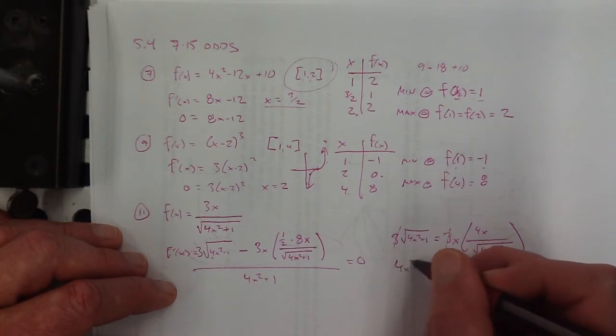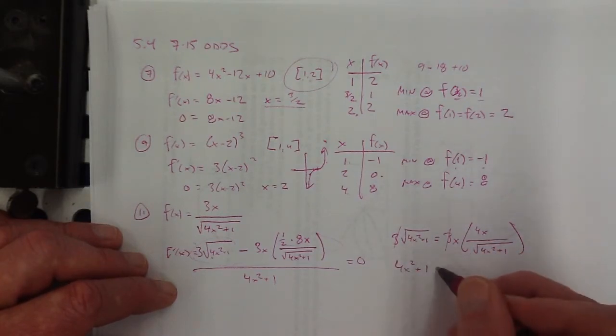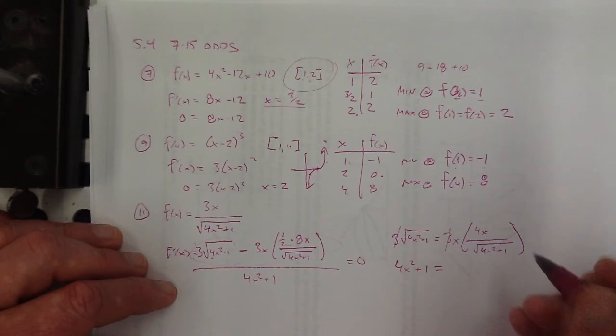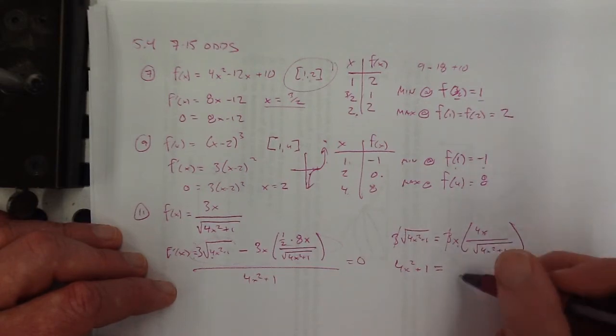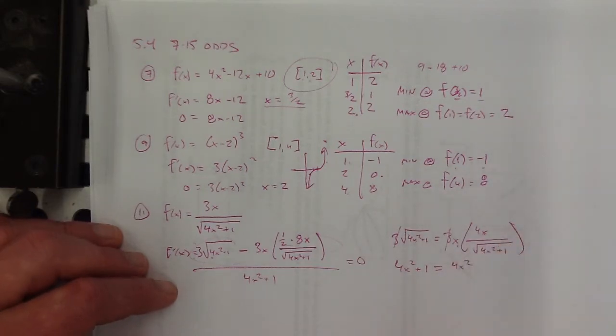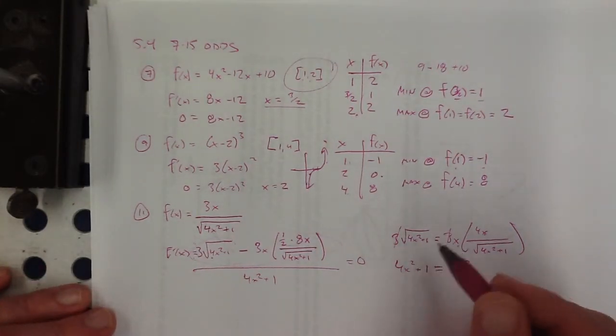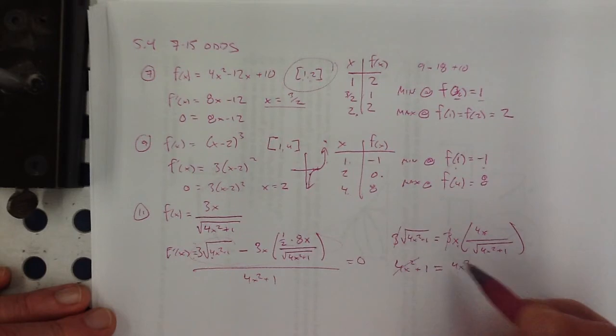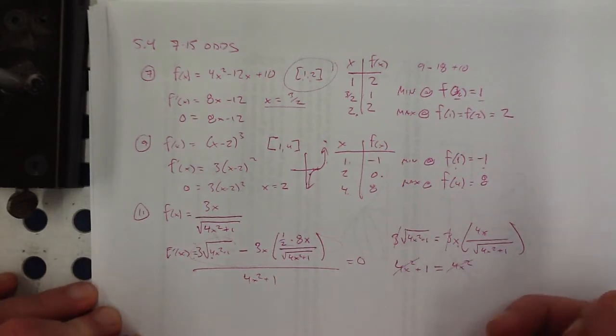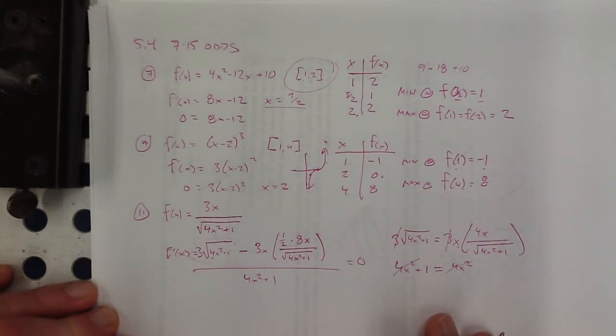So I get 4x squared plus 1 is equal to 4x squared. Well, that doesn't seem very likely, does it? Because then you could cancel that out with that, and 1 equals 0. Not very often is that true.